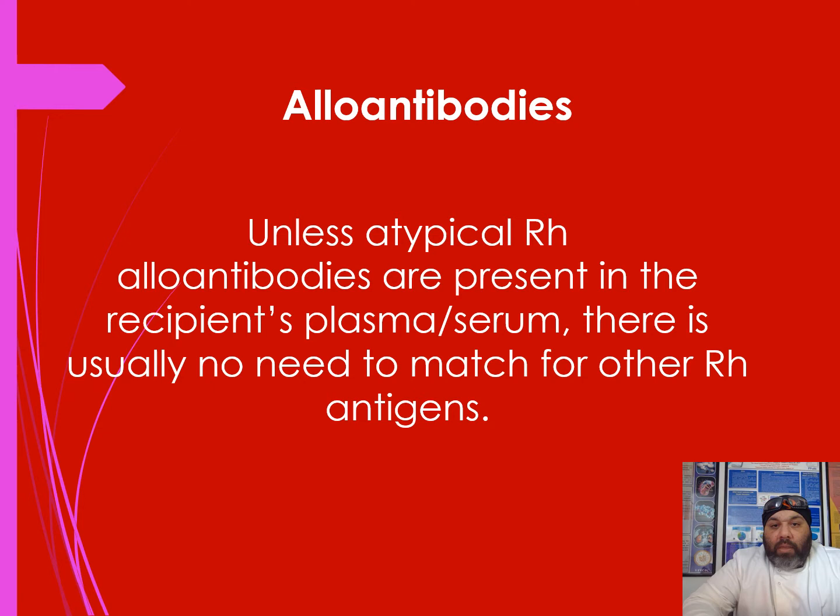What this means is that if there are alloantibodies in the plasma or serum that are atypical, then there's usually no need to cross match or do additional investigations for blood grouping for other rhesus antigens, because the recipient's plasma or serum would generally be the same as the donor's.